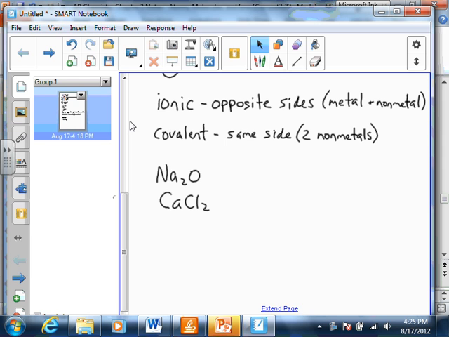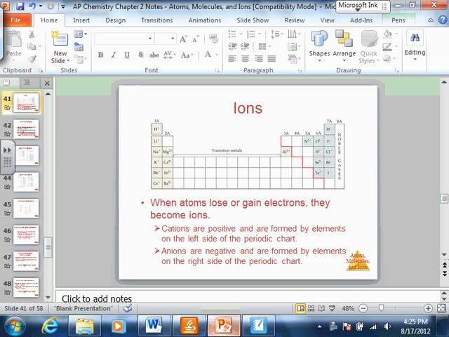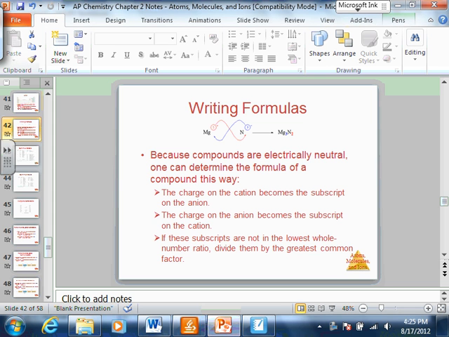Alright, back to this, writing formulas. When we write formulas, and hopefully you can see this, I'm trying not to enlarge it because that causes me some problems here. When you write a formula, you're going to look at the charge on the ions and do what we called crossing charges last year. You look at the charge that each one has, and it becomes the subscript on the opposite atom.